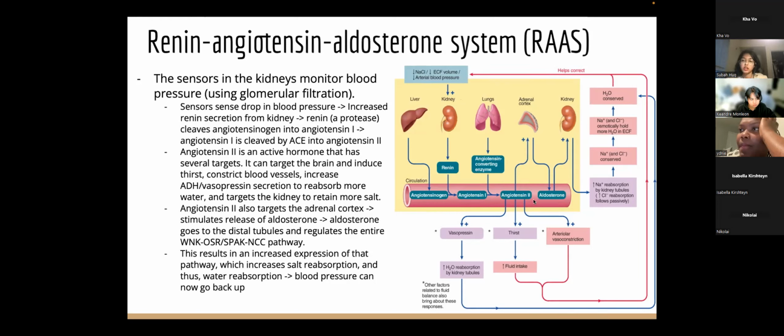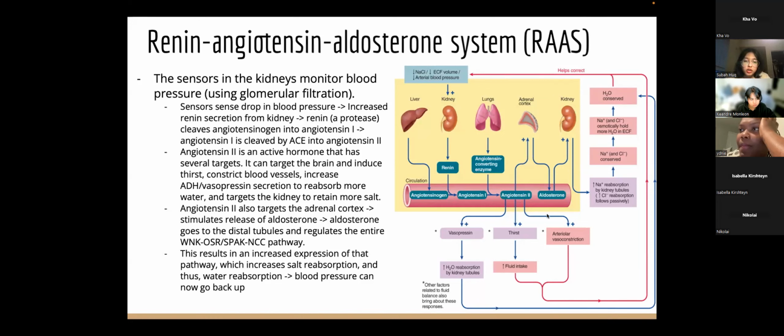Angiotensin 2 has a lot of different targets. And all these targets work in tandem to increase blood pressure, because this system only starts to work when you have low blood pressure. So you're trying to increase blood pressure. Angiotensin 2 can target the brain and cause you to become more thirsty, because if you drink more water, you increase the blood volume.